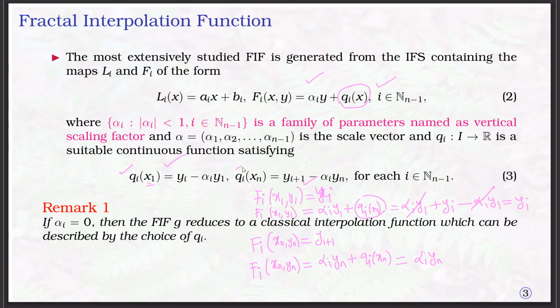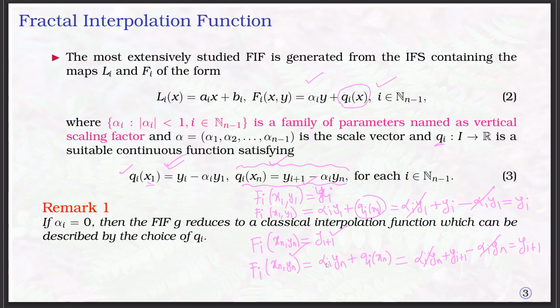Then what is necessary in imposing this condition is y_{i+1} minus alpha_i y_N, so this term will cancel and one gets y_{i+1}. So q_i must satisfy these two conditions so that F_i will satisfy the end point conditions.